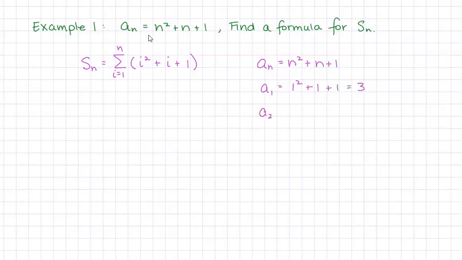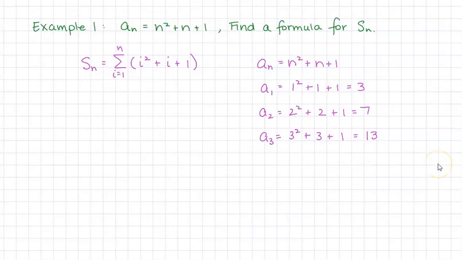And the second term is 2 squared plus 2 plus 1, which is 4 plus 2 plus 1, that's going to be 7. And the third term is 3 squared plus 3 plus 1, which is 9 plus 3 plus 1, which is 13. Hopefully I'm doing my arithmetic correctly. But you see I'm getting the first and the second and the third term. And I would just keep doing this: I would let n equal 4 and plug it in and so on.